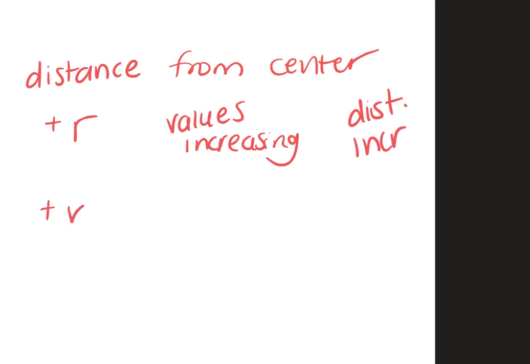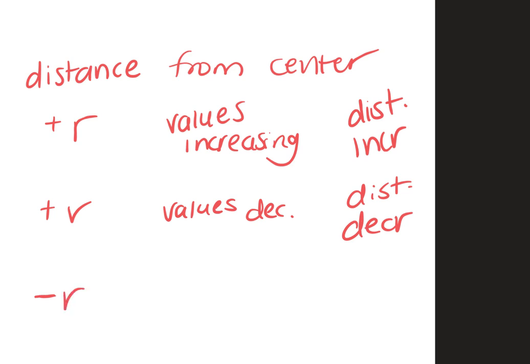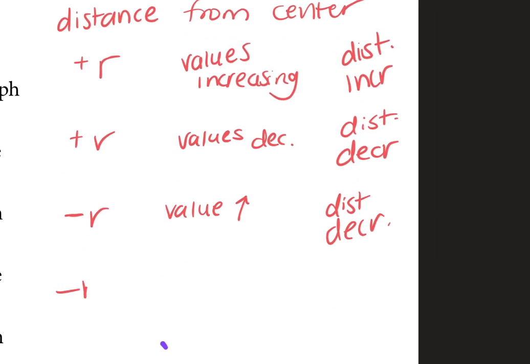If it's a positive r and the values are decreasing, then the distance is decreasing. If it's a negative r and values are increasing, then the distance is decreasing. And if it's negative and the values are decreasing, then the distance is increasing.